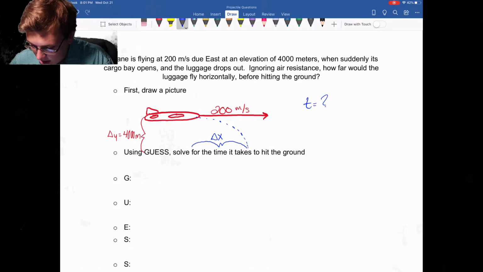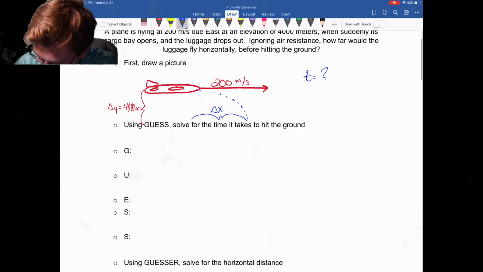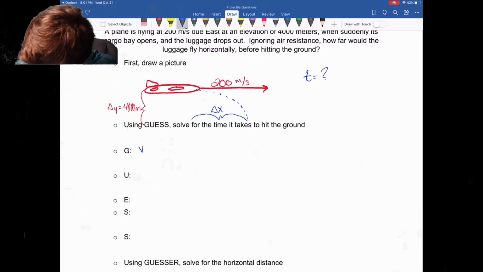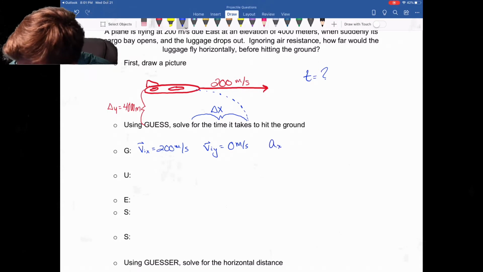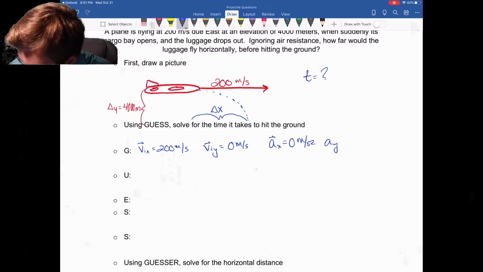So when we're looking at them separately, what's our given? Well, Vix equals 200 meters per second, but our Viy equals 0 meters per second. Our Ax equals 0 meters per second squared, but our Ay equals negative 9.81 meters per second squared.